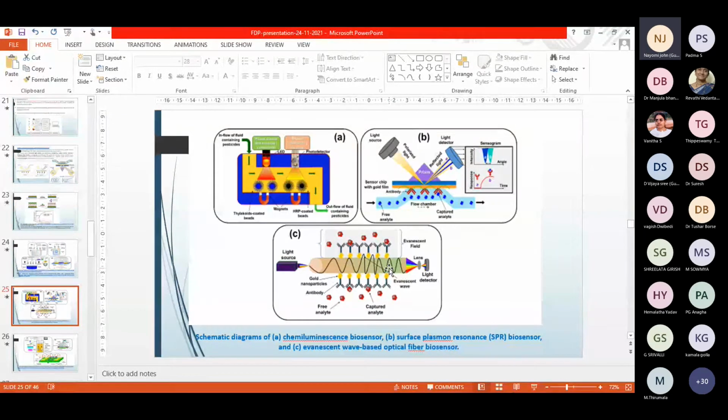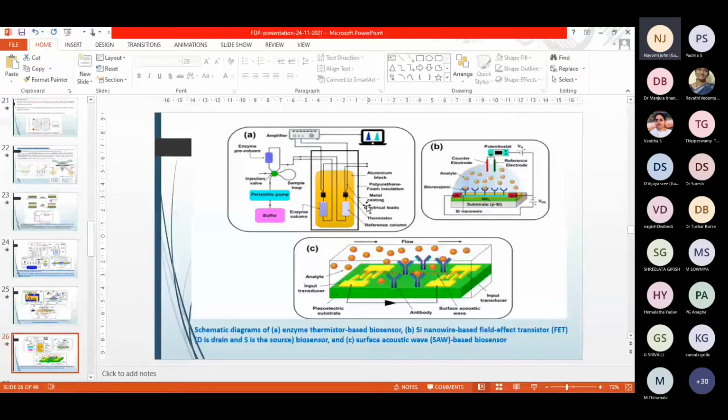Moving on to the thermometric, we have already understood that some enzymes will release heat during their reaction, which can be captured with a thermistor or thermal biosensors. And here this is a nanowire based field effect transistor. This is also widely used as a biosensor.